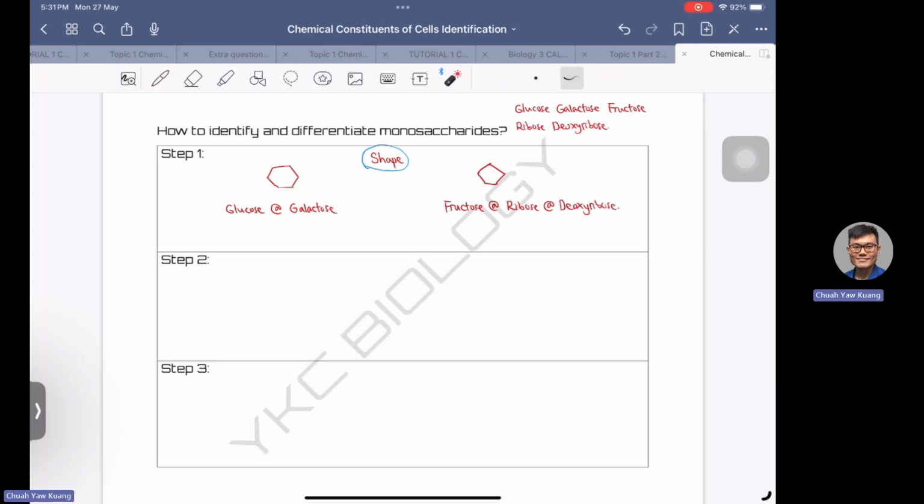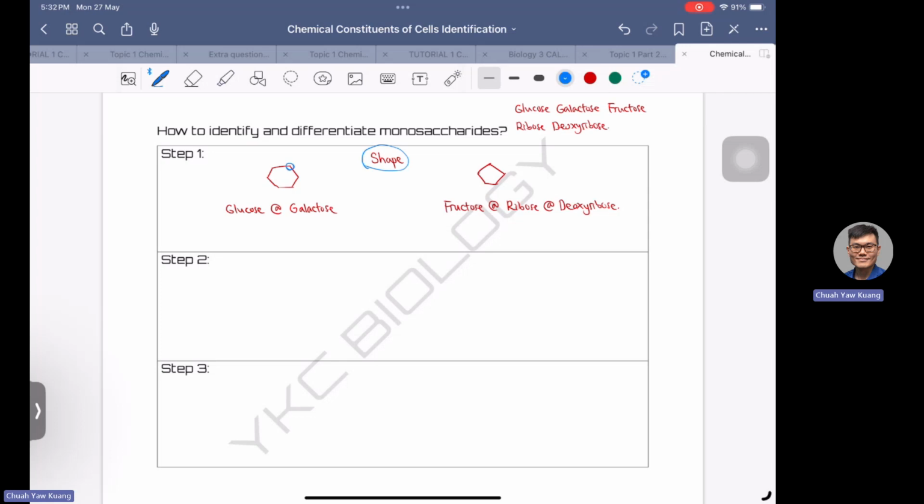Now we look at the hexagon part first. It can be either glucose or galactose. How can we further differentiate them? The next step is we will look at carbon number 4. In the hexagon, there will be an oxygen here.